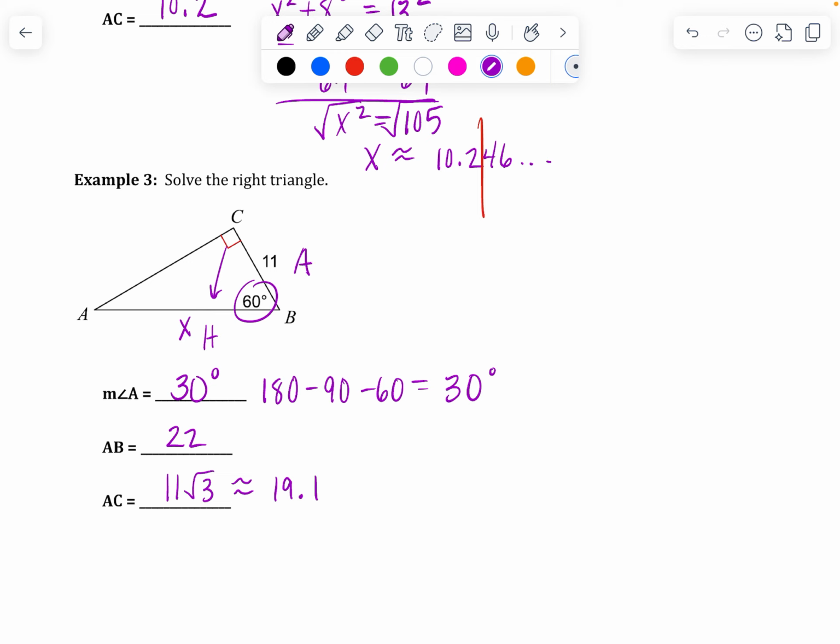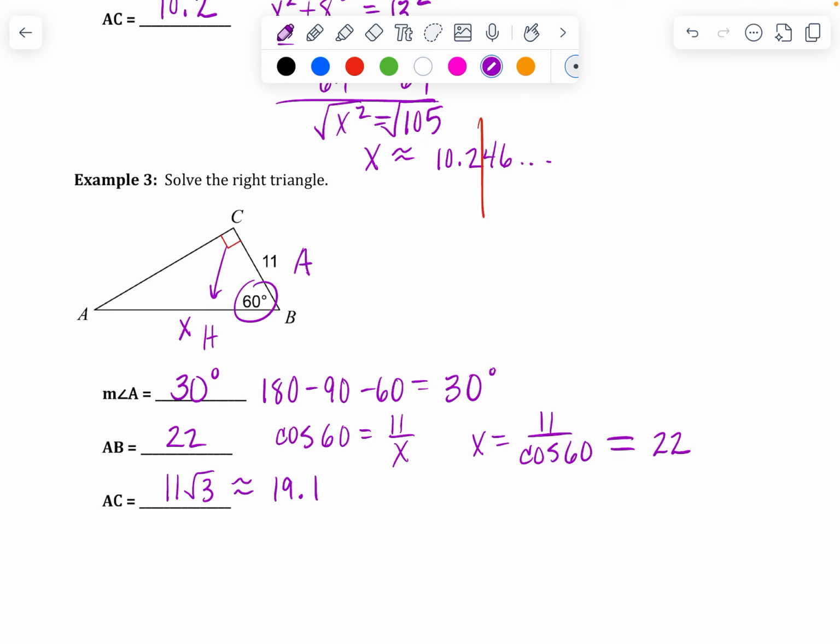So to solve for AB, the cosine of 60 equals adjacent over hypotenuse, which is 11 over x. It's in the denominator, so we can swap it with the trig and get 11 over cosine of 60. It would become a trig problem. And if you put this in your calculator, 11 divided by cosine of 60, you get exactly 22.